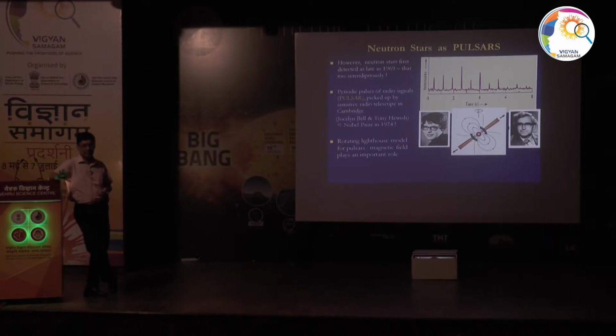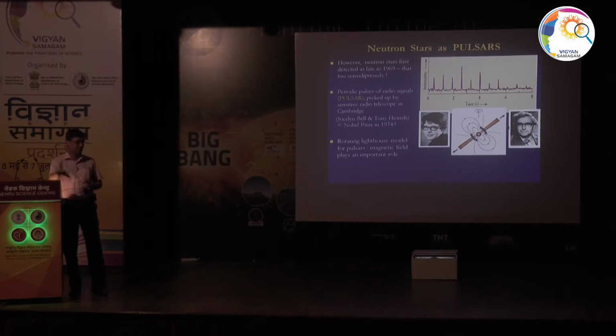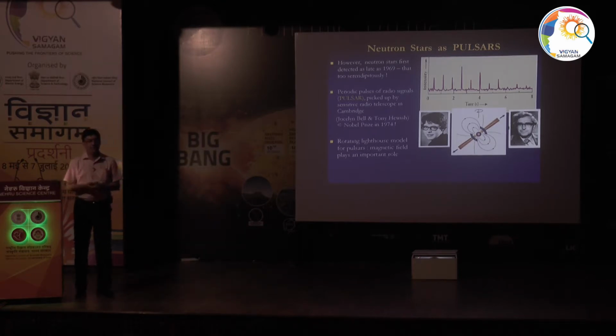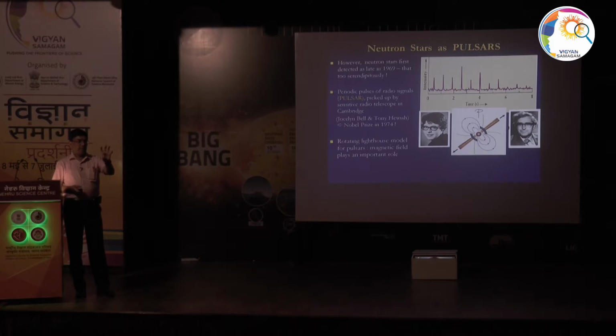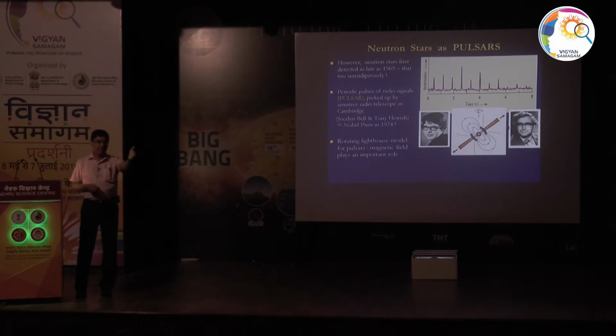So the simplest thing to think about, I think all of you have seen a lighthouse either in real life or in a movie. In a lighthouse, there is an object which produces a beam of light. You can think of a torch if you want, and it is rotating. The rotation axis is like this, the axis of the beam is like this, 90 degrees, and it is just sweeping.